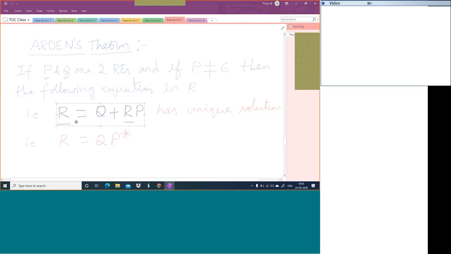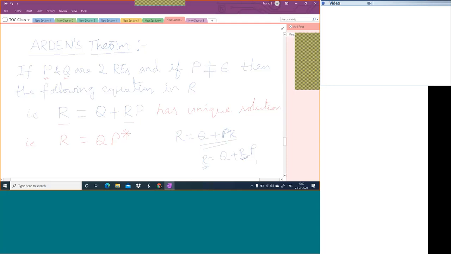Instead of RP, if the equation is like this, R equal to Q plus PR, then this formula doesn't work. Only it should be R equal to Q plus RP. So this R and this R must be the same.